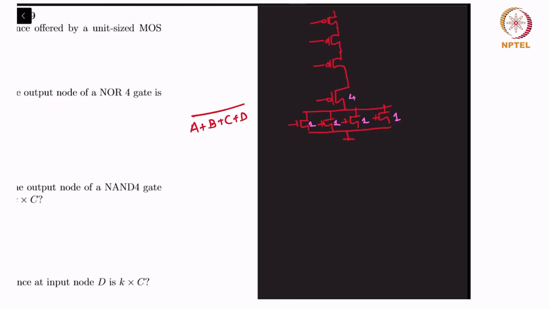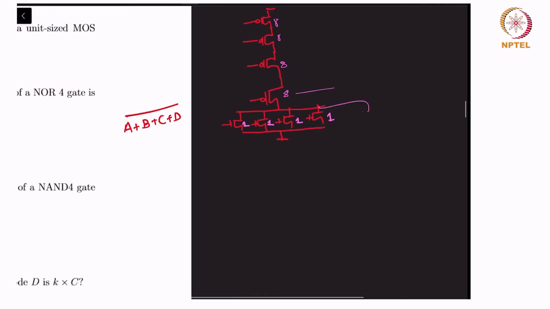So that means now it's a 4 stack, and actually you would have to do 4x the unit width, which is 2, so that's 8. So essentially the amount of parasitic cap here would be 8 plus 1 plus 1 plus 1 plus 1, right?